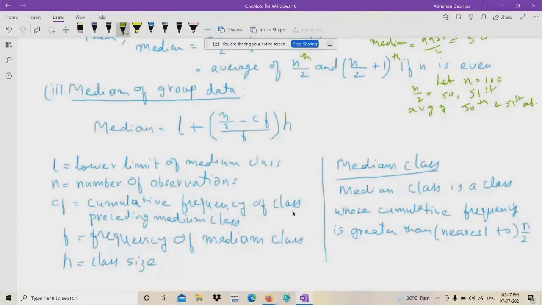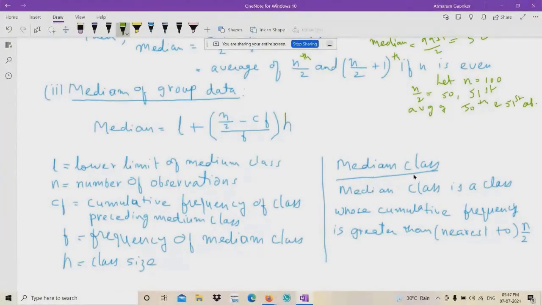CF is the cumulative frequency of the class preceding the median class. We will discuss cumulative frequency tomorrow. Now just remember that it is the cumulative frequency of the previous class of the median class. Then F is the frequency of the median class, not the modal class, it is the median class, and H is the class size.